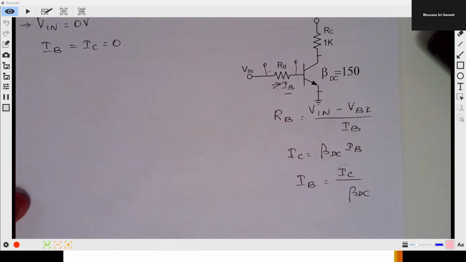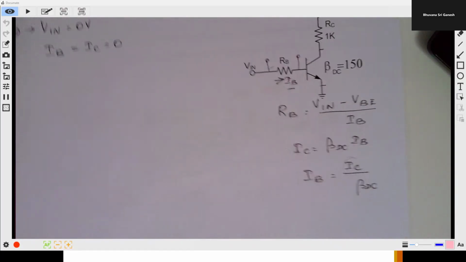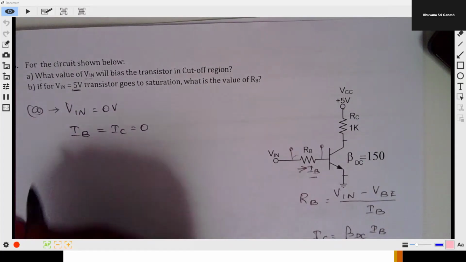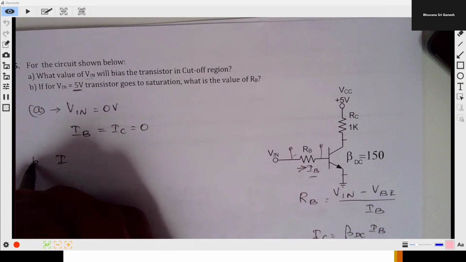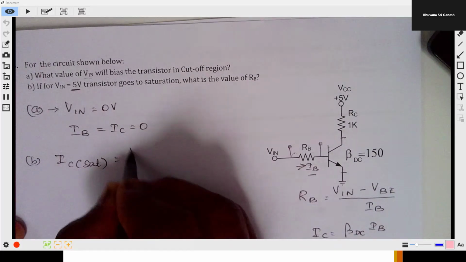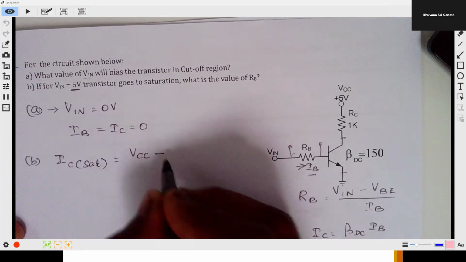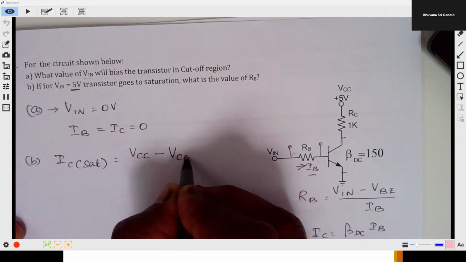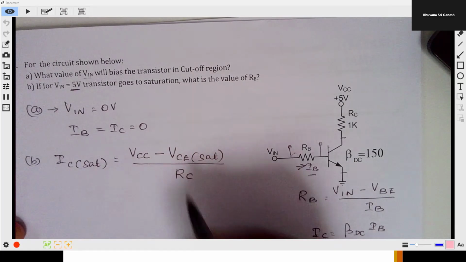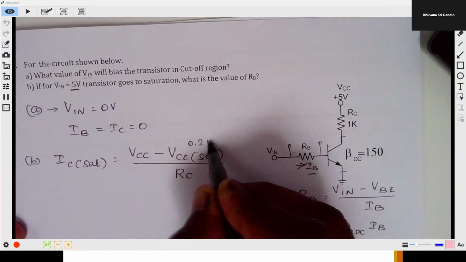Let's calculate it. It has said the transistor is going to be in saturation. So IC saturation equals VCC minus VCE saturation over RC.